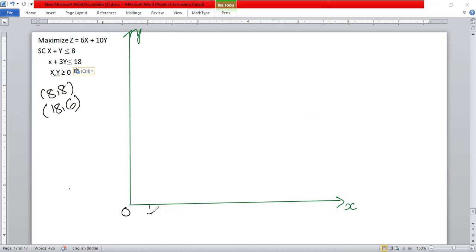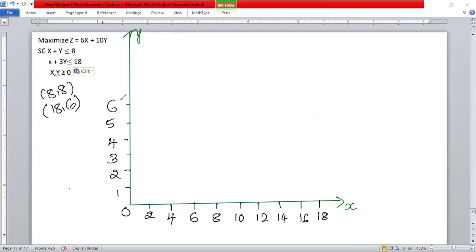So better to start 2, 2, 4, 6, 8, 10, 12, 14, 16, 18. So on the x-axis 1 centimeter is equal to 2 units. The second one, y-axis highest is 8. So 1, 2, 3, 4, 5, 6.